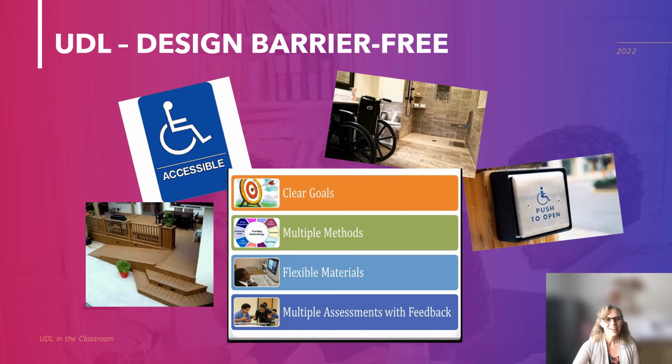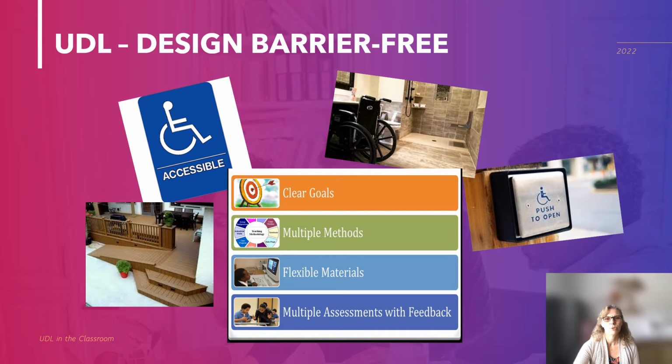So here we have design. The design of UDL takes the same idea that an architect uses with building facilities that are inclusive with, say, ramps, or we need an accessible building for a wheelchair, and bathrooms that are suited for people with physical handicaps.